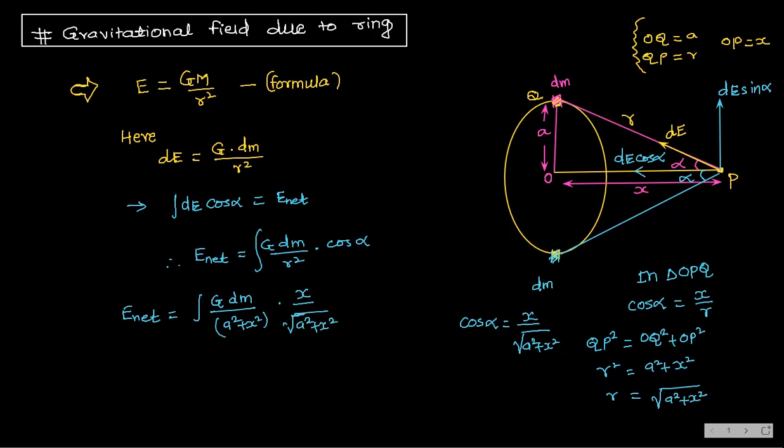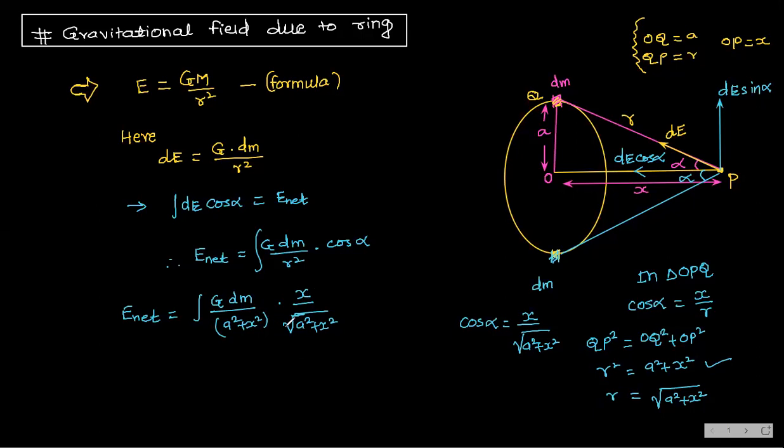Is that clear? Any doubt, please ask now only. Understood? R square is a square plus x square and cos alpha value I have substituted, nothing else. Understood clearly?